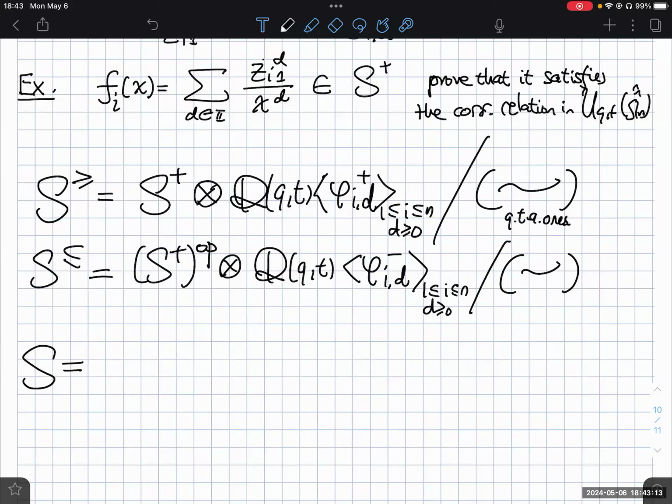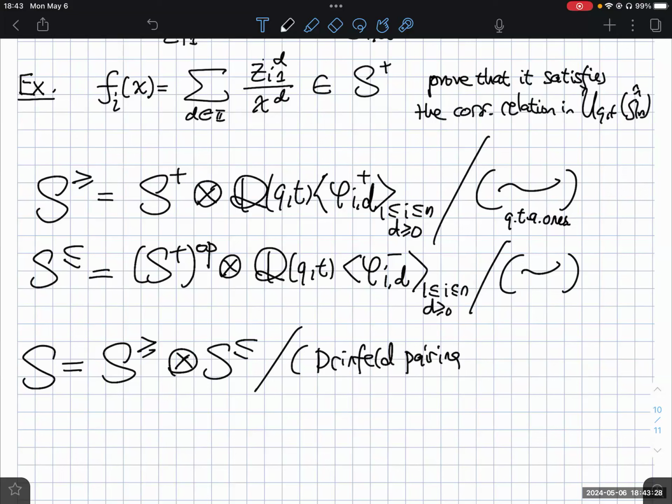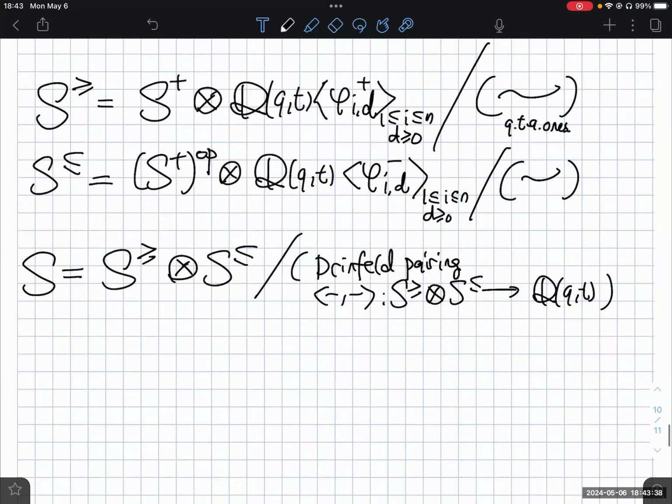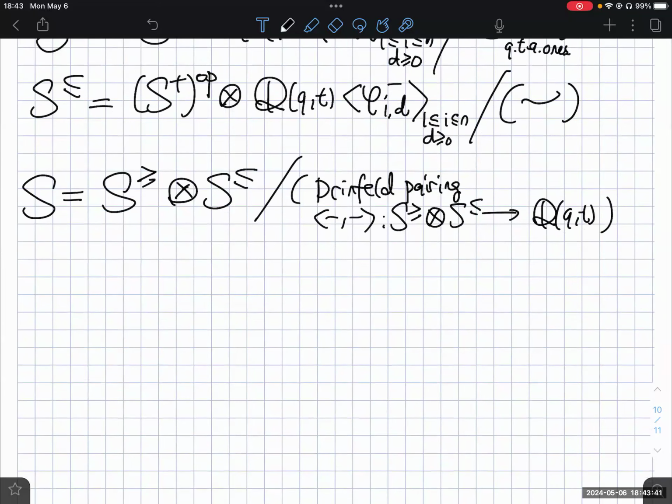So we define the whole shuffle algebra as the S times S minus with respect to some relation defined by the Drinfeld pairing. And you can see that from this definition, this S is just isomorphic to the original quantum toroidal algebra.